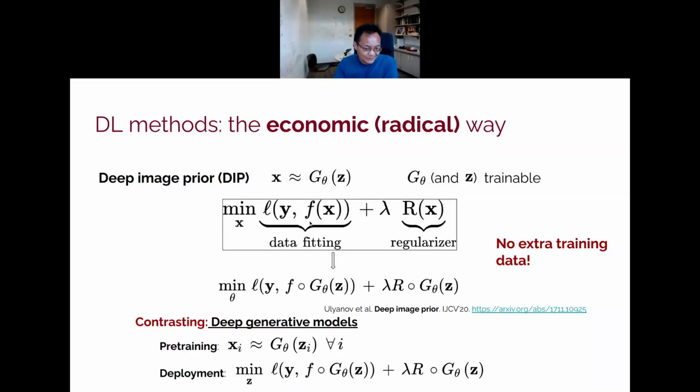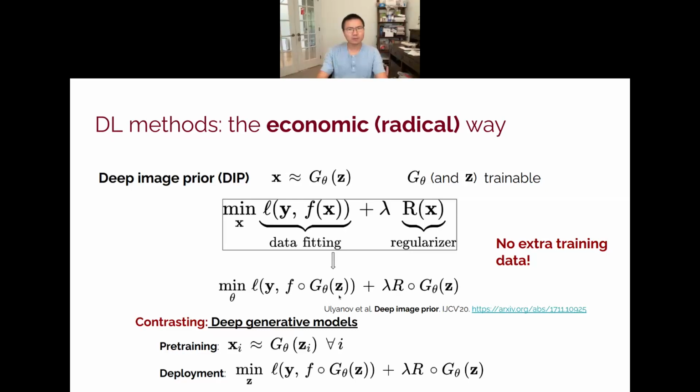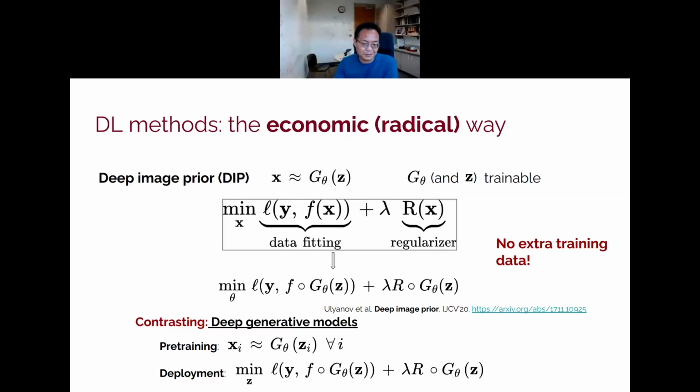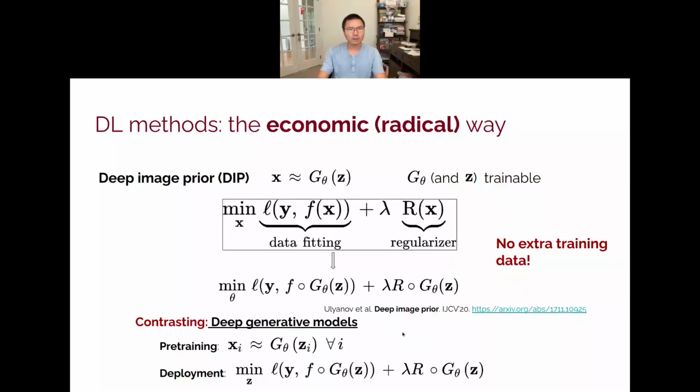Yeah, we need to have y. We need to have f. F is the measurement model. And you learn this g, theta, and z. Actually, typically people just set z as a random thing and just fix it. Typically, people won't optimize z. People just optimize with respect to theta. Okay, I got that. Thanks. Sure.